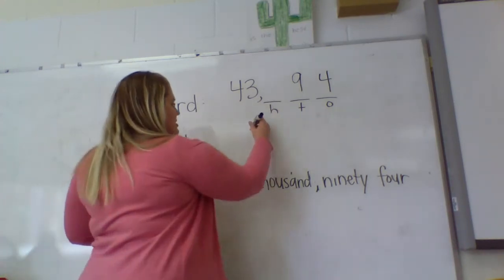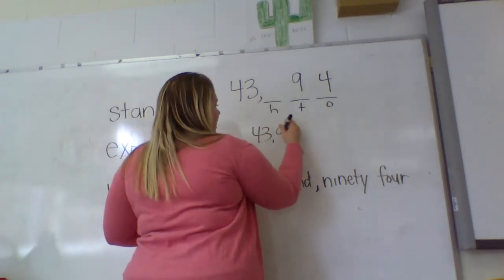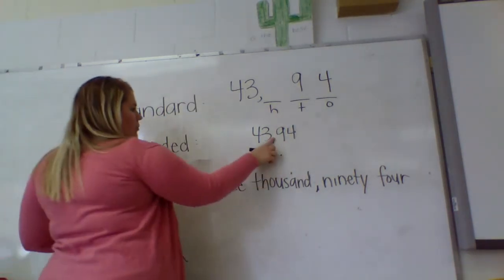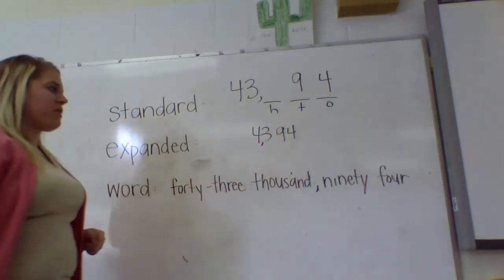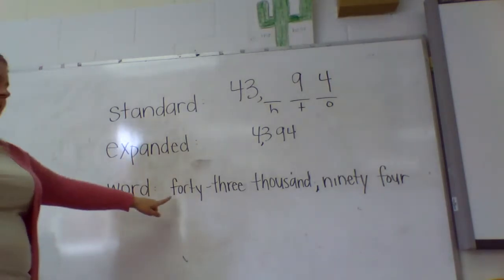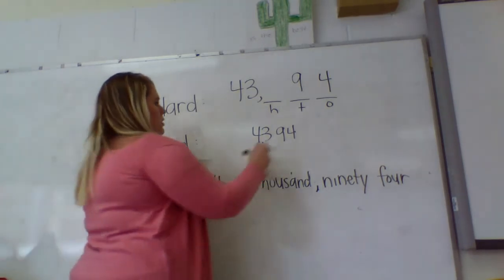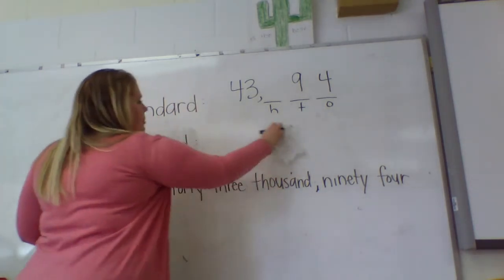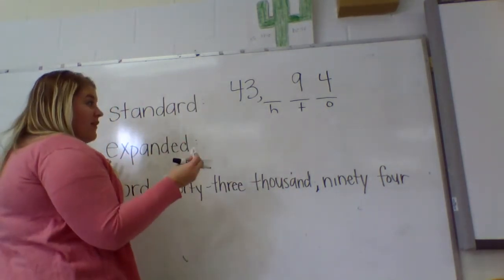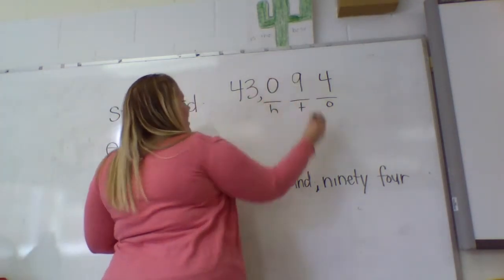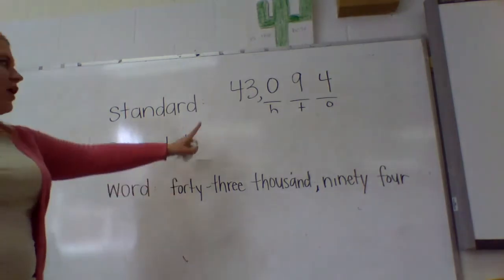Now I can't just leave it blank like this because the comma would be in the wrong spot, and that number would be 4,394. And that's not what I have. I have 43,094. So if you have a spot in your place value that doesn't have any digits, it's really a 0.